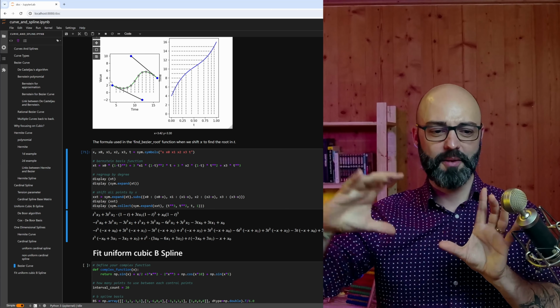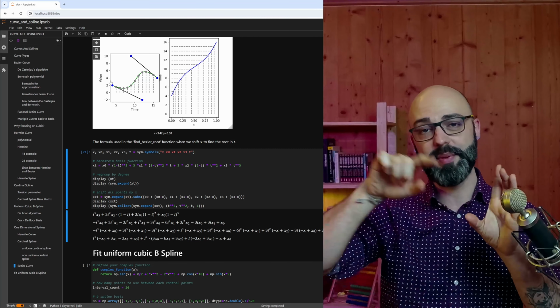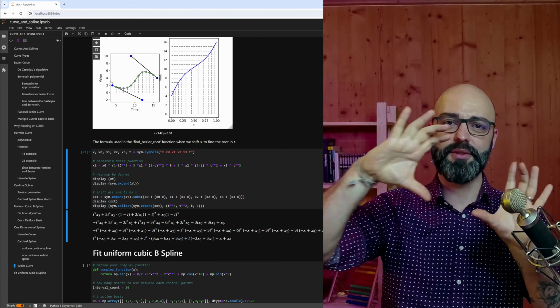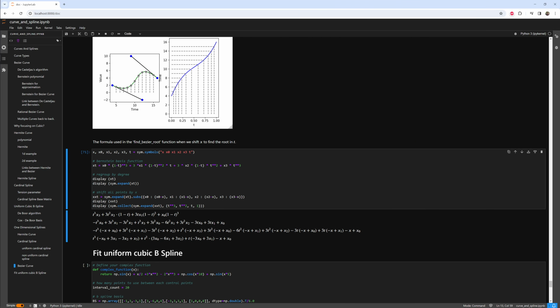So what I'm doing now, I would keep the mathematics that actually compute the Bezier curve, and I will say that I want to shift the entire Bezier curve using a substitution. So I replace the x0 by x0 minus x, x1 by x1 minus x, and so on, and that gives you that massive function now, where every x0 is x0 minus x, x1 is x1 minus x, and so on.